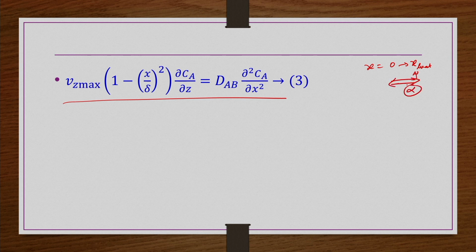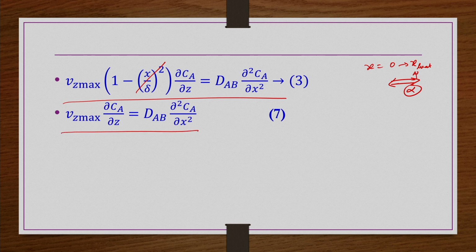This alpha is very small compared to delta, so x by delta is almost 0, and we can take that term off. On the left-hand side we have Vz max dou Ca by dou z equals dAb dou square Ca by dou x square. This is the simplified governing equation after a couple of assumptions, which are physically reliable.